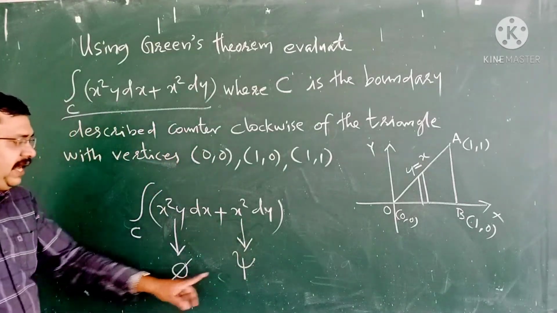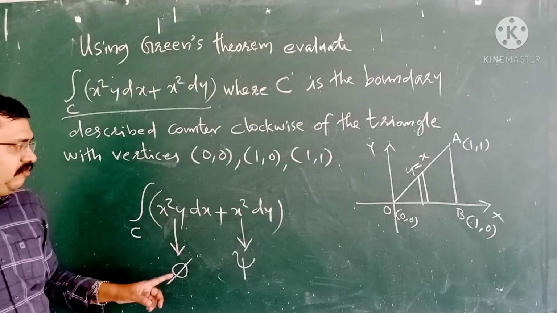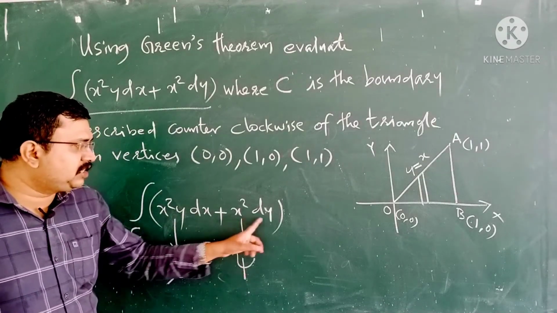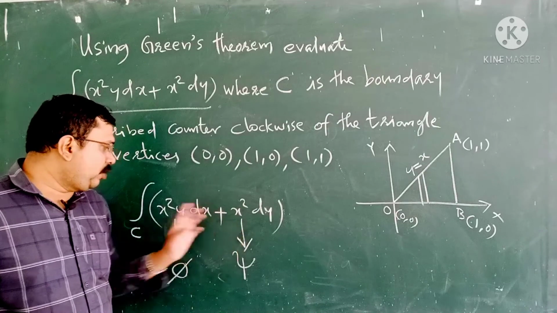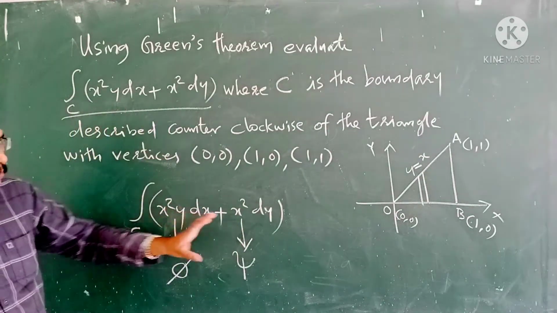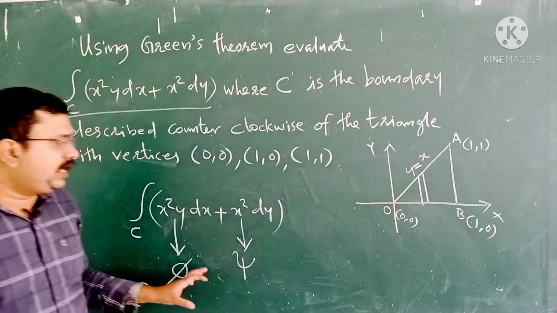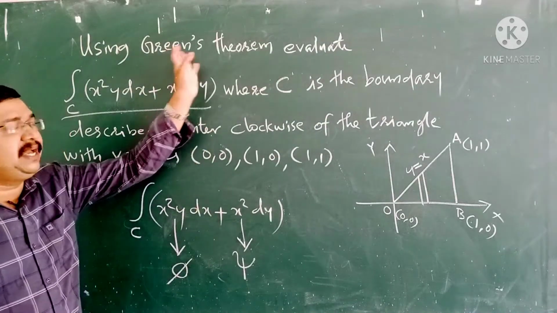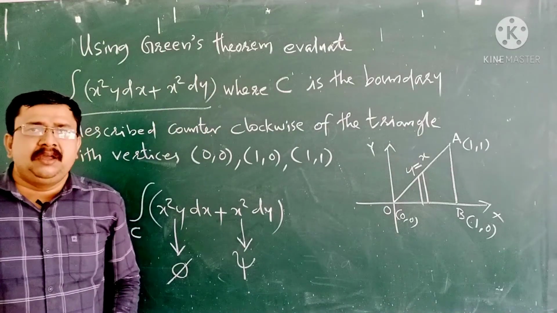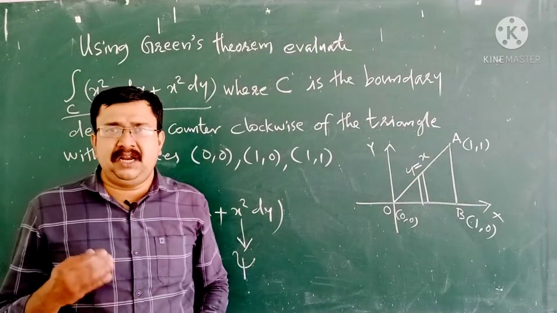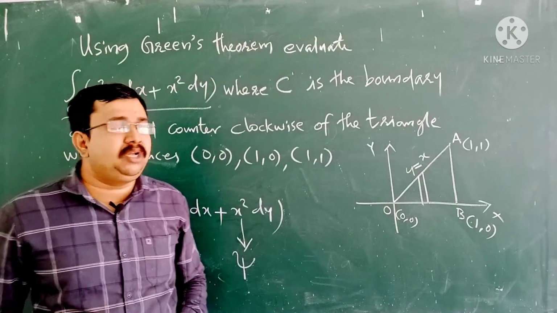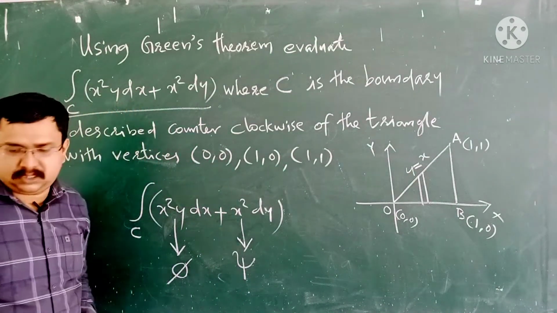Phi is x square y and psi is x square. Please write down. Please draw this figure. Now we can do this question using Green's theorem. Now we know the definition of Green's theorem. According to Green's theorem, we can solve this problem.